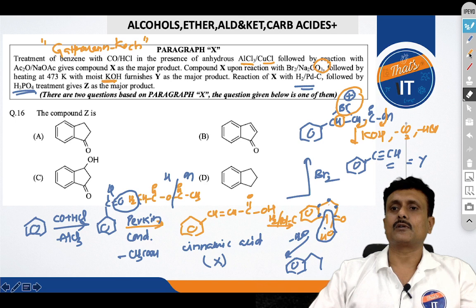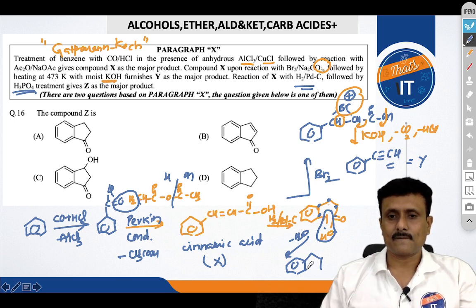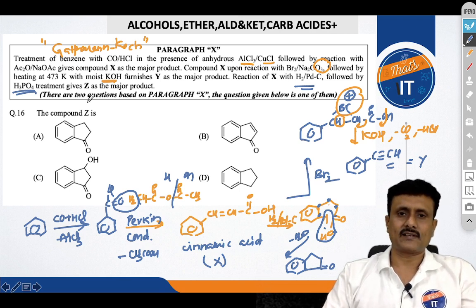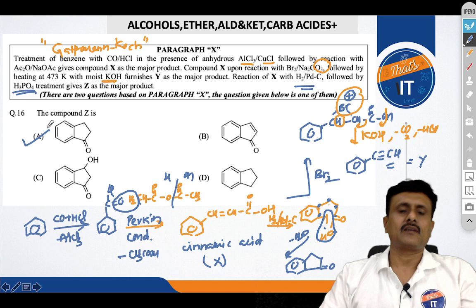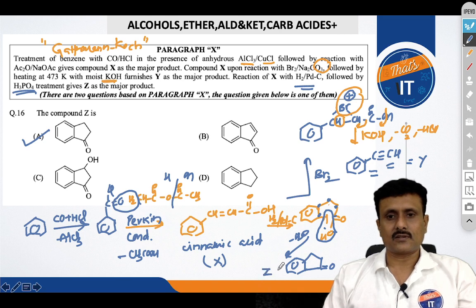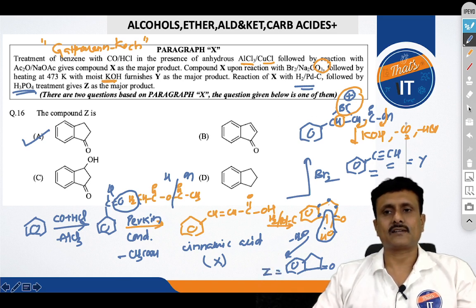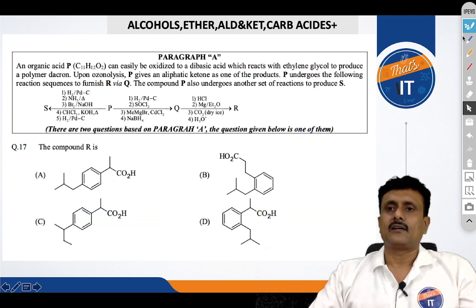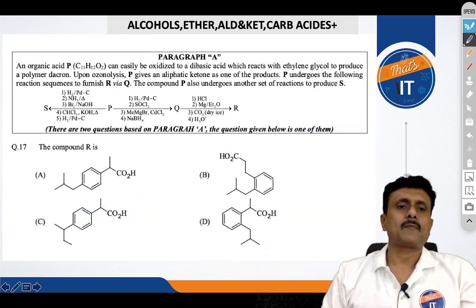With a C double bond adjoining, isn't it? So compound Z is your option A. So for the 15th question, the right answer, this is Y, and this is your Z. Option A is the right answer to the question. Hope you understood. Alright, let's see another sequential reaction.